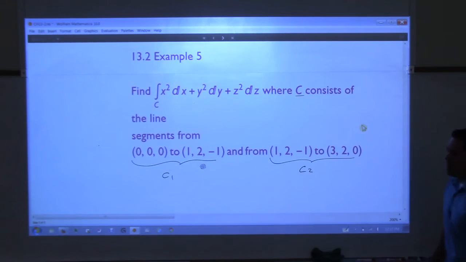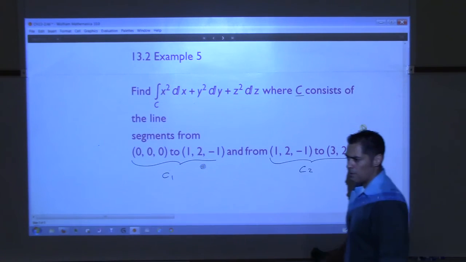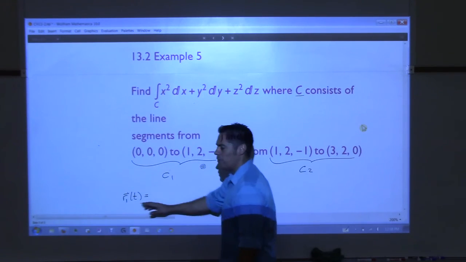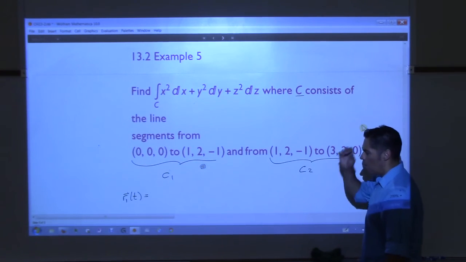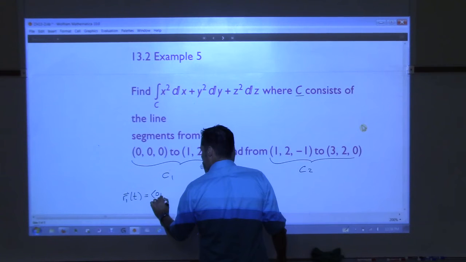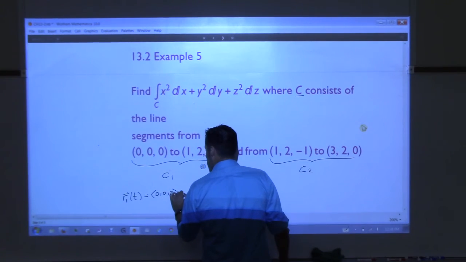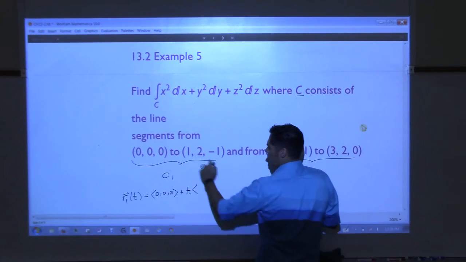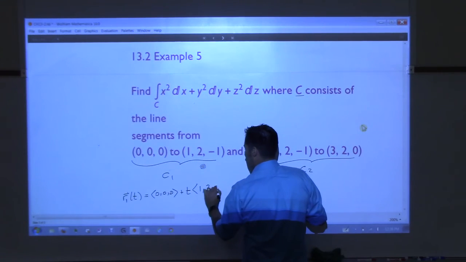So how could you create C1? Use the vector equation of a line, right? So r of t equals, and let's call this r1 of t so we don't confuse it with the one we use over here. r1 of t is going to start out at the vector 0, 0, 0, and we are going to go plus t times, now just subtract, so it's just 1, 2, negative 1.